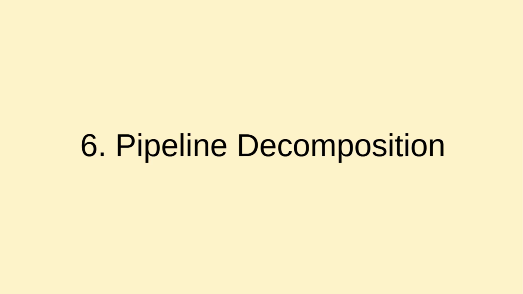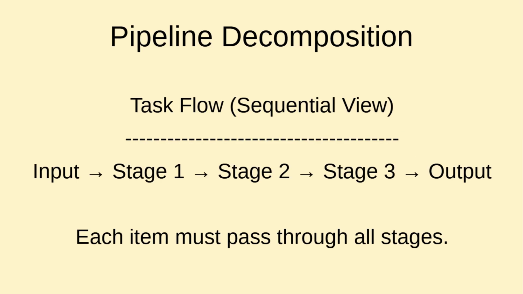Now let's move to pipeline decomposition. It is like an assembly line. Pipeline decomposition is another form of parallelism where a task is divided into sequential stages. Instead of splitting data or tasks randomly, we organize computation as a pipeline of steps. Each stage performs a specific operation, and data flows through these stages like an assembly line.